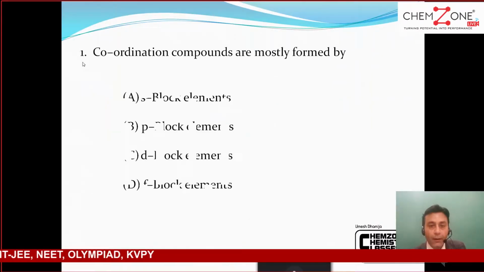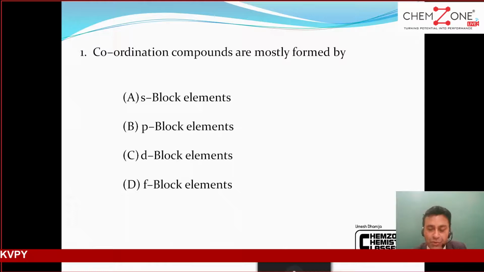So some basic thing, right? Here's the question. Coordination compounds are mostly formed by dash. I'm guessing not S and P. It has to be between D and F.